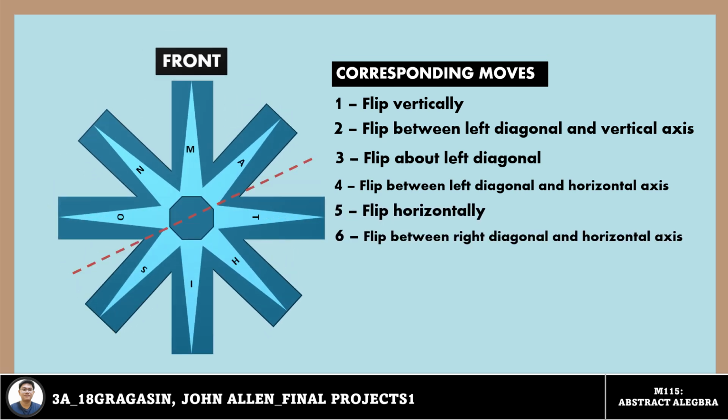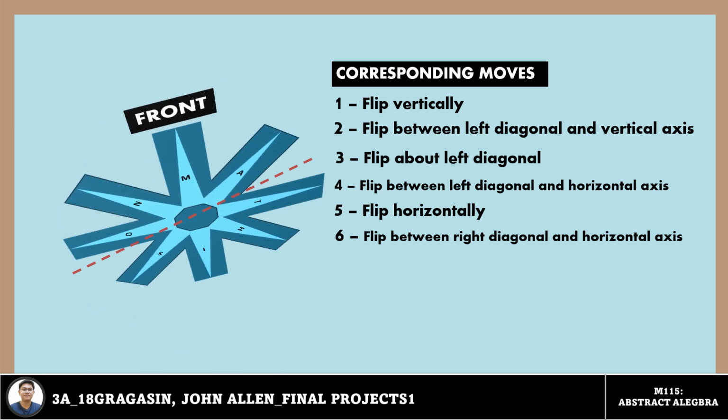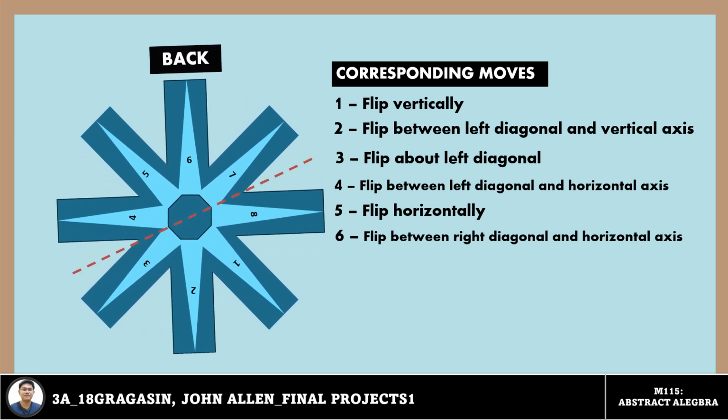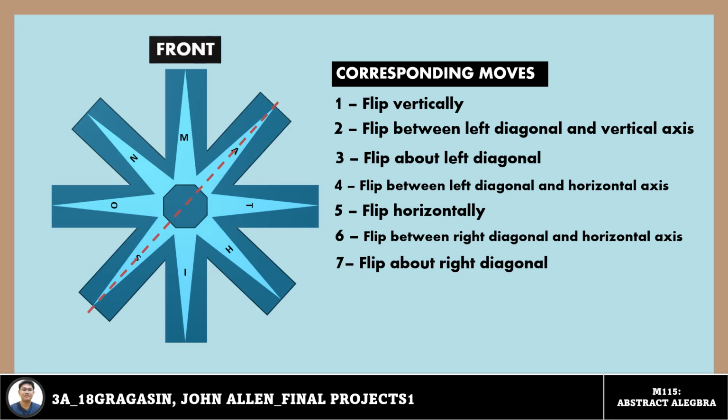And for the element 6, we will be needing to flip between right diagonal and horizontal axis. And the move goes like this. And for our seventh element, we will be needing to flip about right diagonal, and the move goes like this.